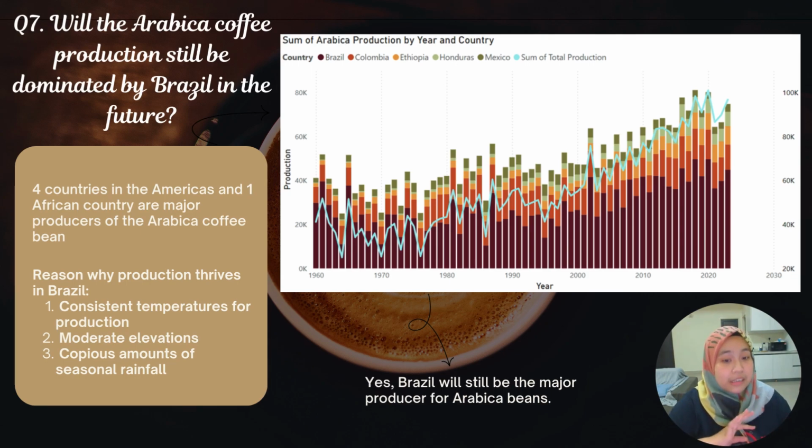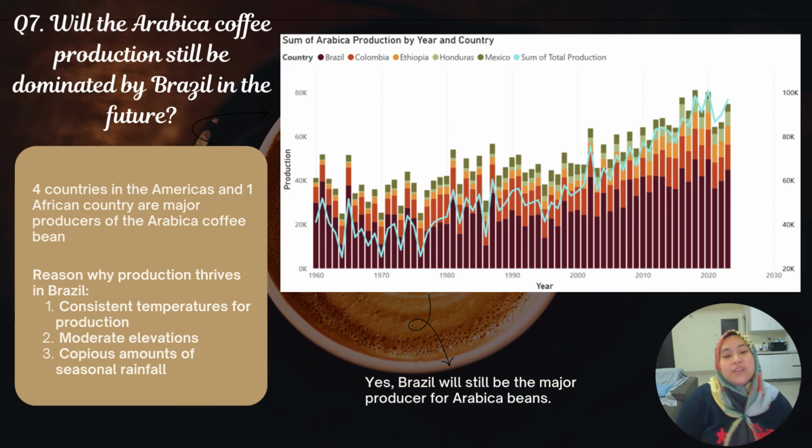Ethiopian Arabica beans, on the other hand, are slightly more acidic, sweeter, and have a berry aftertaste as compared to their Brazilian counterpart. Coffee aficionados would appreciate a varied profile like this one.